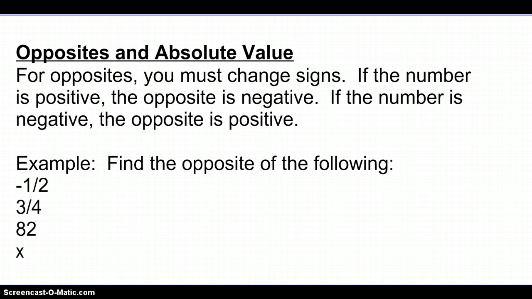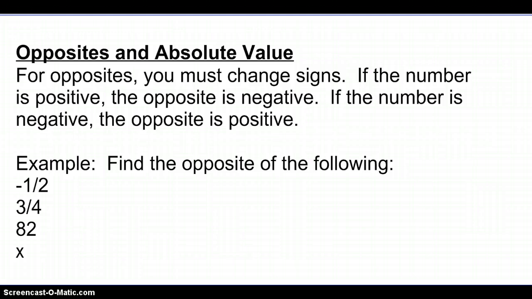Since negative 1/2 is negative, then the opposite of negative 1/2 would be positive 1/2. Since 3/4 is positive, then the opposite of 3/4 would be negative 3/4. In the same way, 82 is positive, so the opposite of 82 is negative 82.